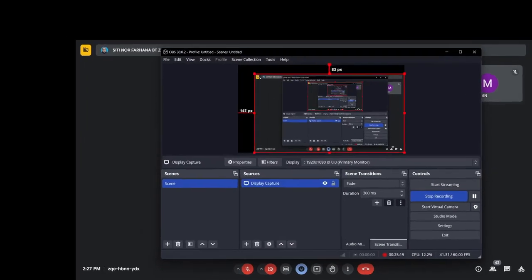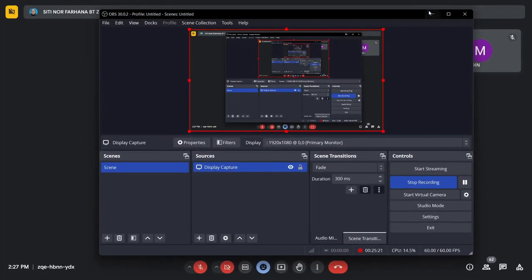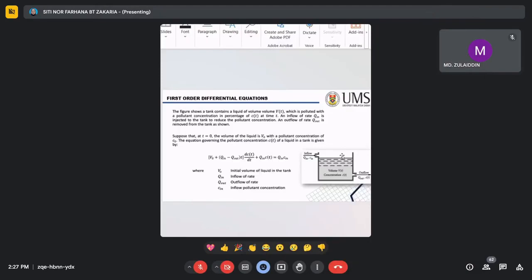So kalau you can derive differential equation for this case study, you boleh estimate at certain times or at fixed time how many concentration pollutant ada dalam water tank ni. So itulah salah satu application DE. Make our life as engineer easier. Sebab we can predict kalau kita sudah generate differential equation.